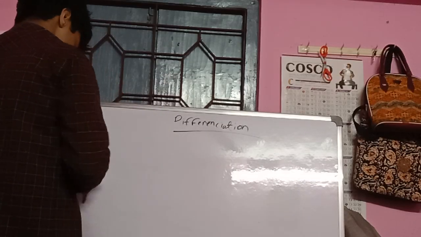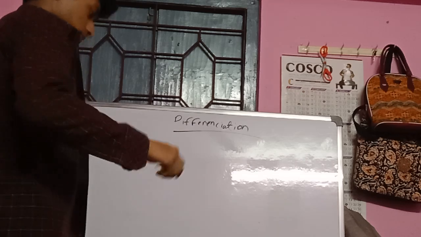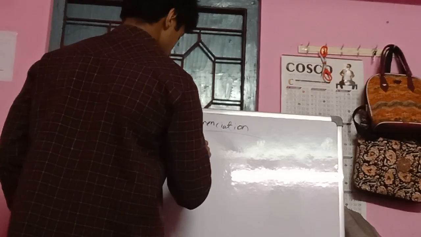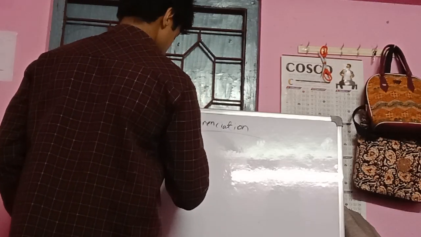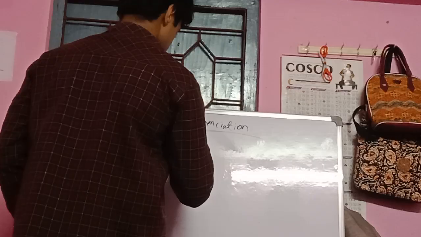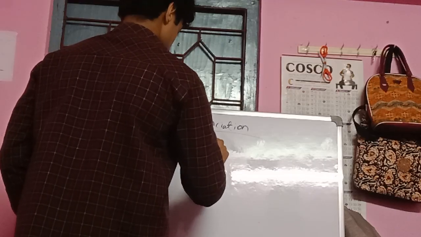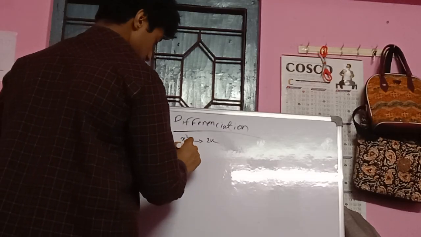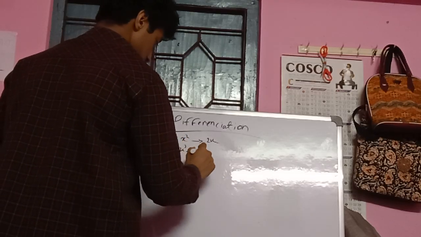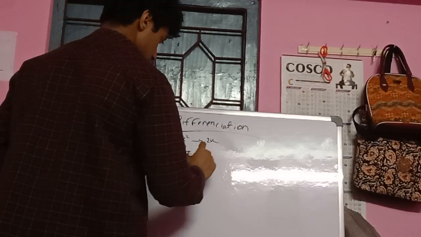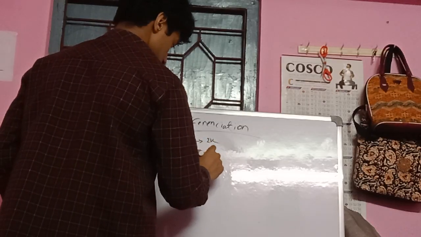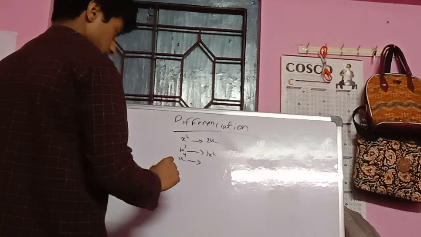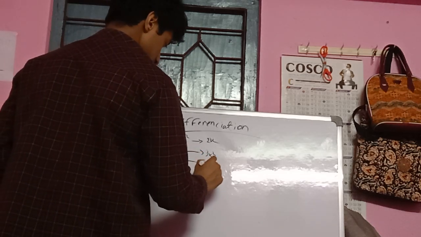This way, we would be able to conclude a lot of stuff. We found out that the rate of change of x square is 2x, and if you calculate yourself, you'll find out that the rate of change of x to the power 3 would be 3x square. x to the fourth would be 4x cube.